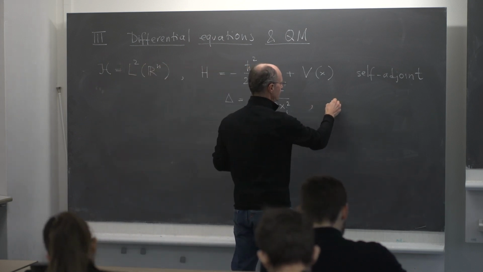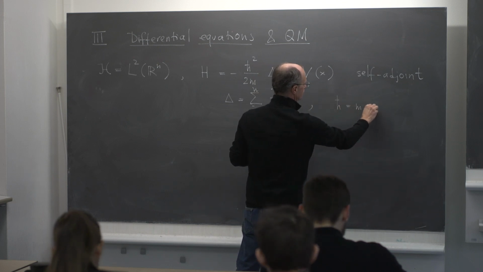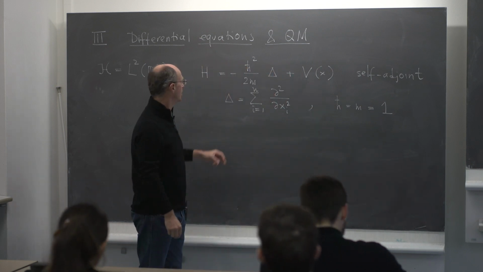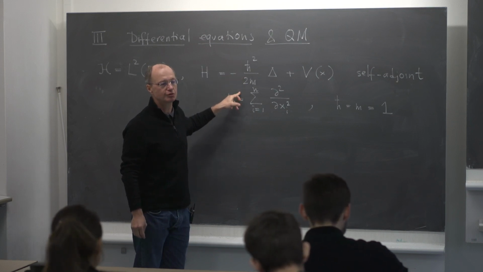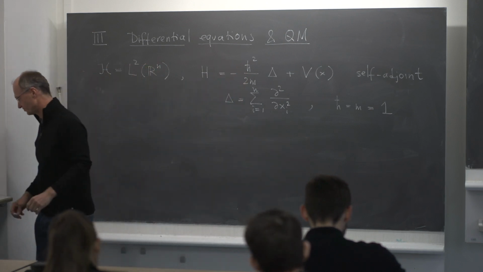So in many cases, or maybe in most of the cases for now, we'll put all these constants equal to 1. Actually, this 1/2 is somewhat negotiable. From time to time, I will put 1/2 also equal to 1, or maybe I keep it on some occasions.